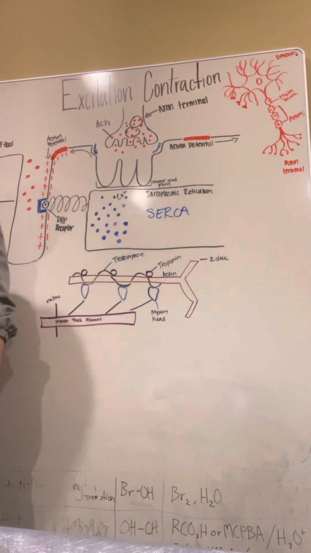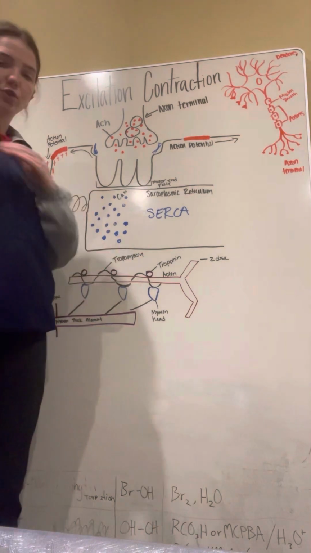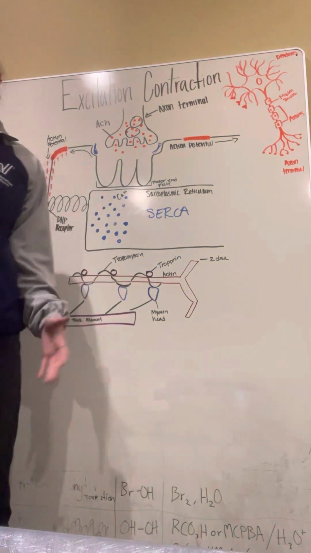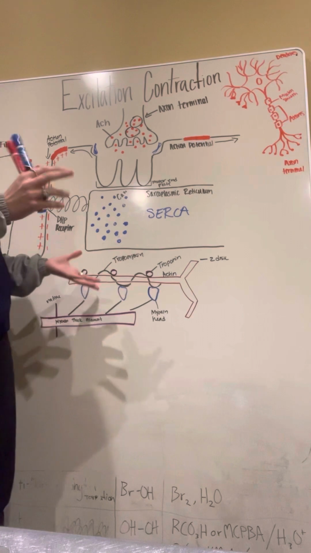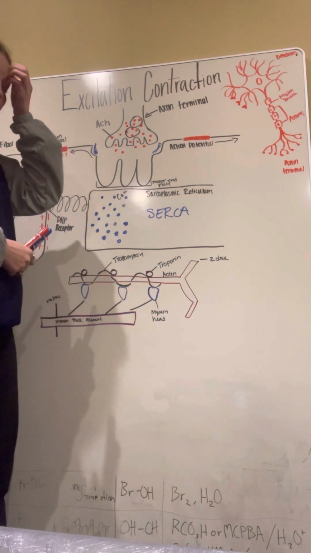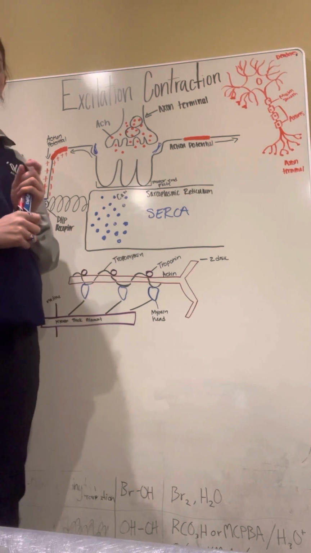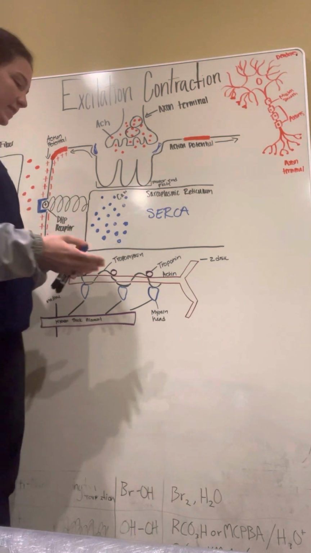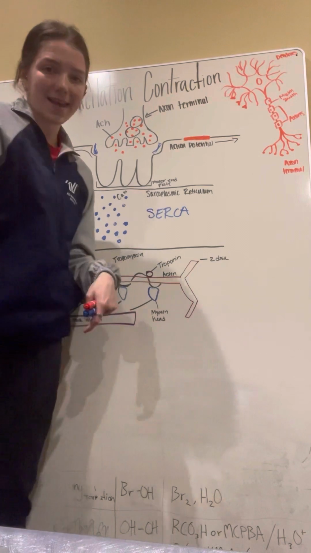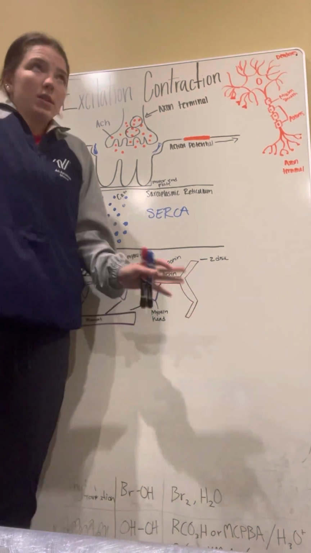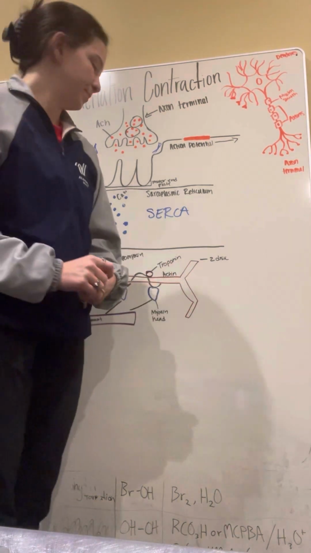So now we're going to move on to this thing we like to call tropomyosin. And tropomyosin covers the myosin binding sites. And it's not going to allow these myosin heads to bind. It's not going to let it happen.